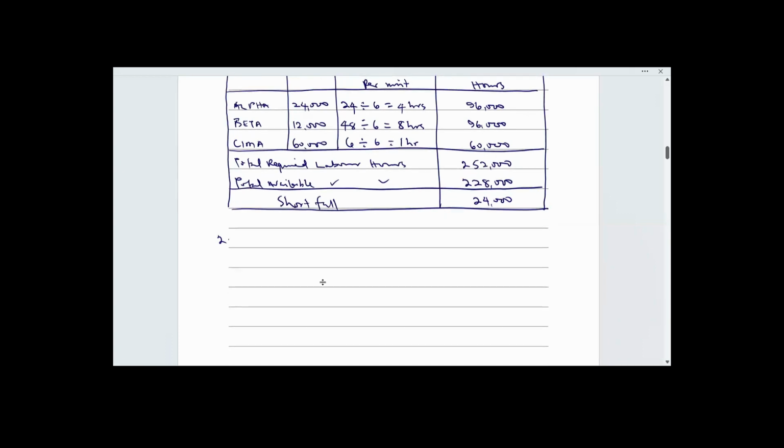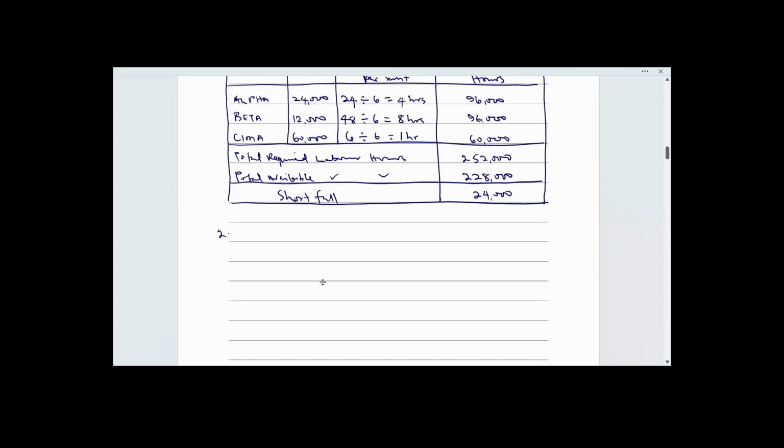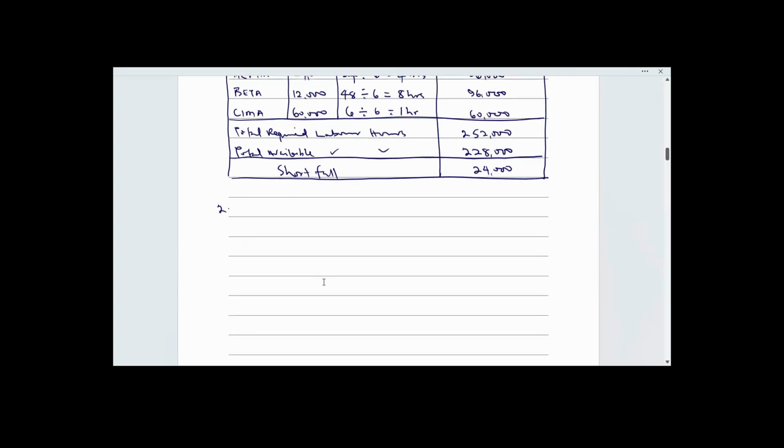Step 2 says you should calculate contribution per unit. So, contribution per unit for products alpha, beta, and sigma.